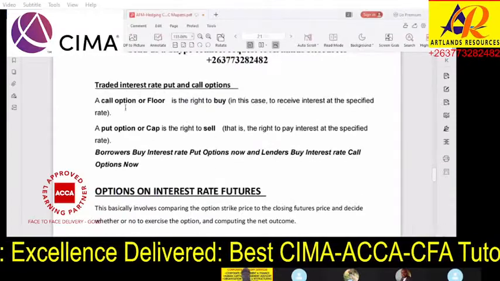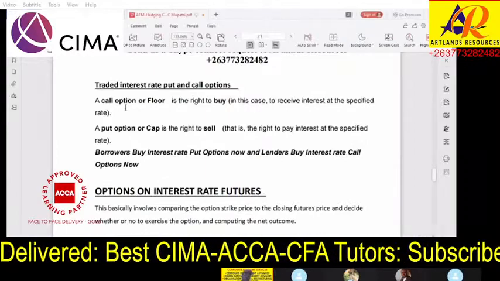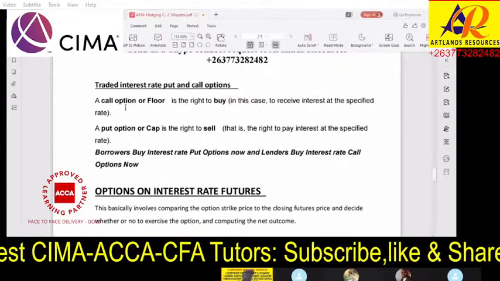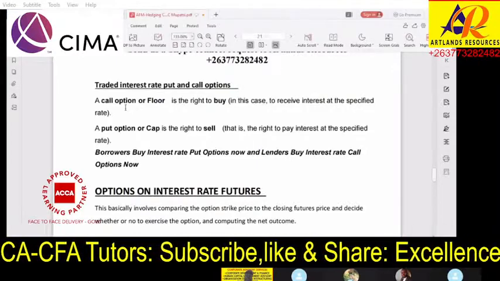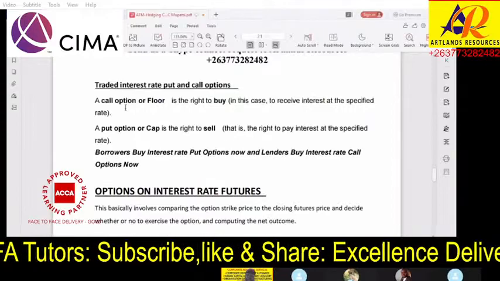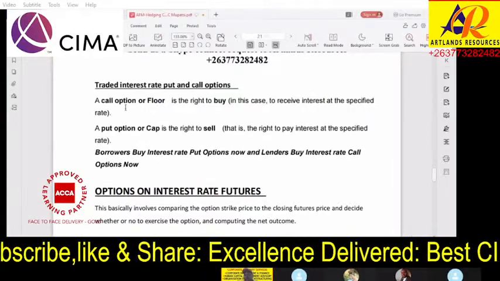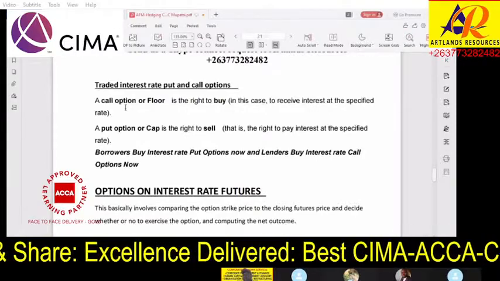We said there is a call option or a floor, meaning this is for lenders, because they fix interest rates from falling. A put option or a cap is a right to sell, and is for borrowers.